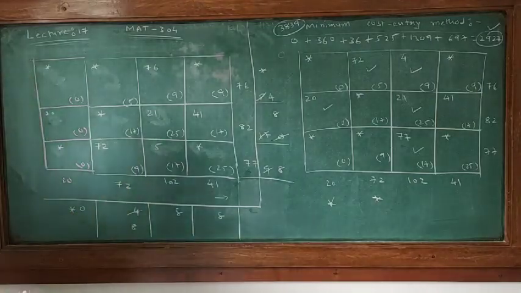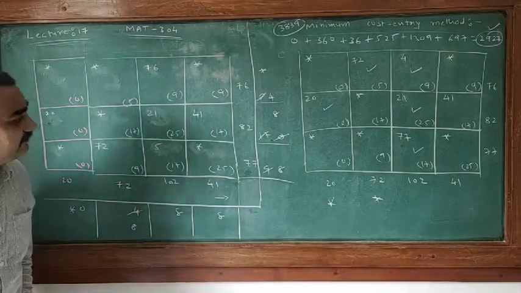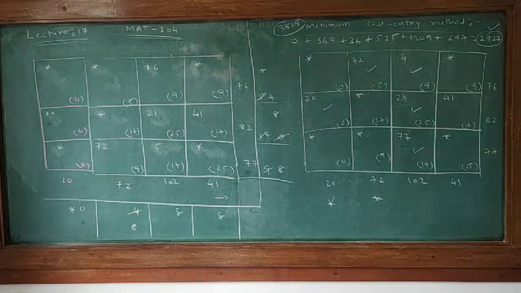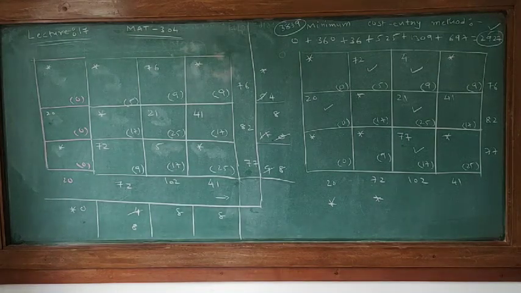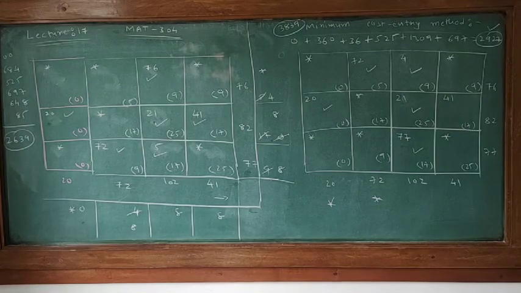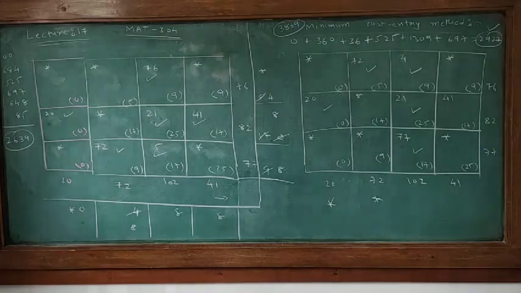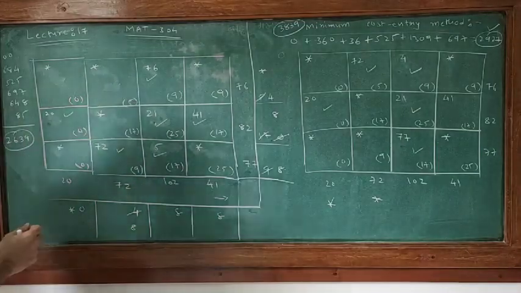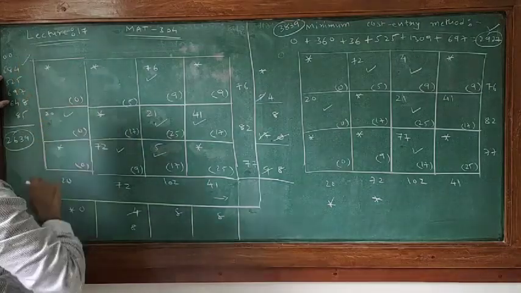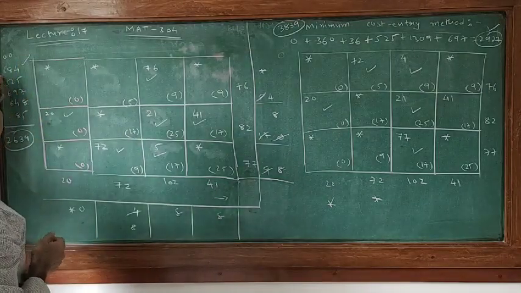So what is the cost of transportation that we have to see, and for that we calculate. So friends, 76 into 9, that is 684.